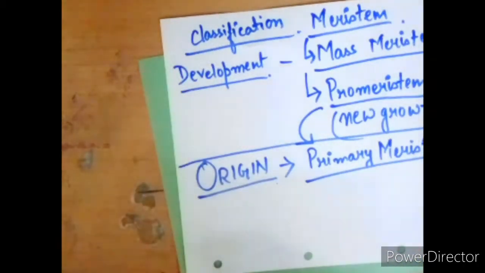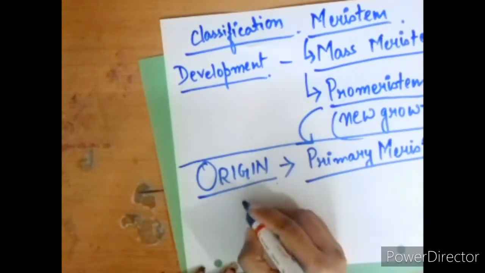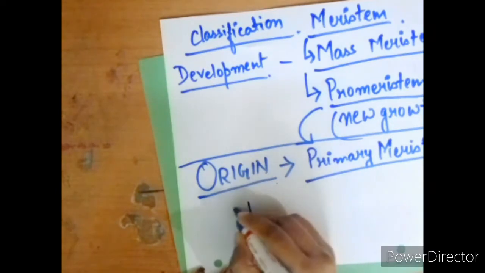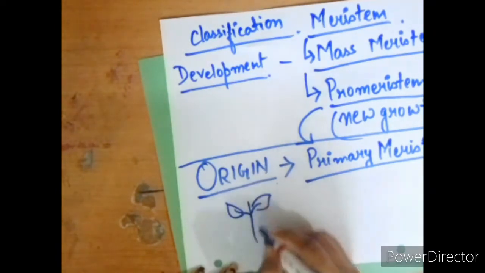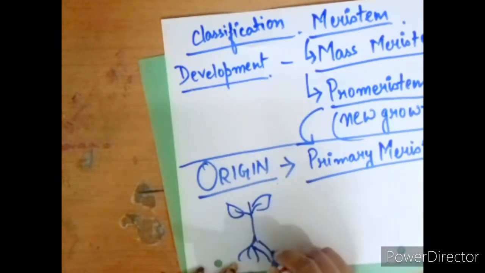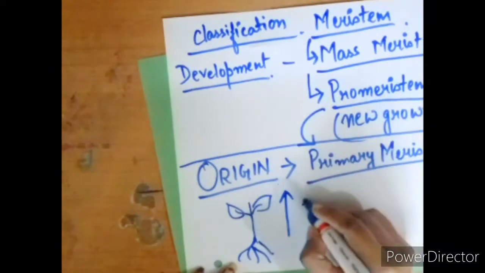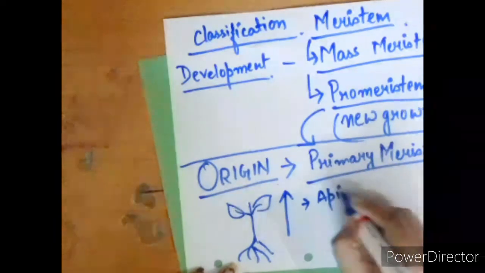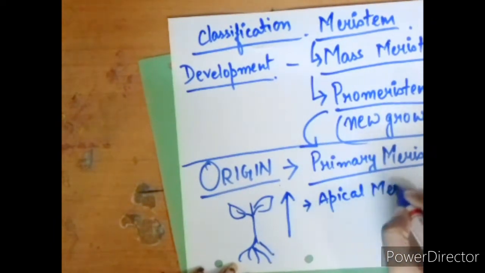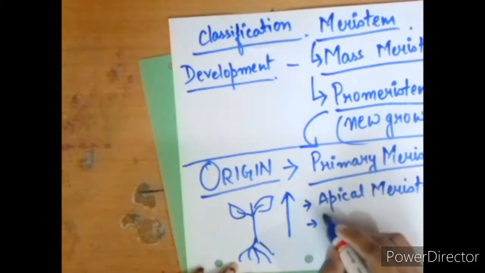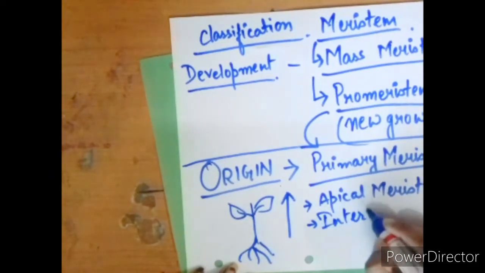See, for better understanding, you will understand in this manner. If a plant is growing in a lengthwise manner, it mainly depends upon apical meristem and intercalary meristem.